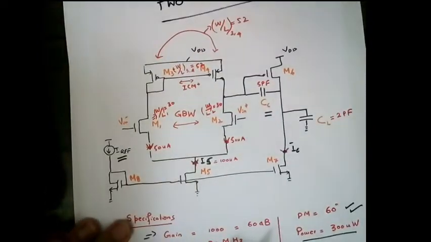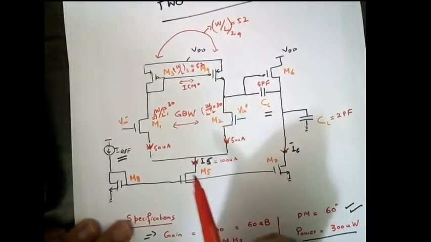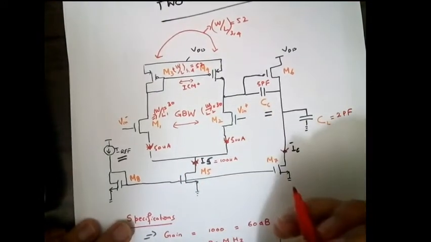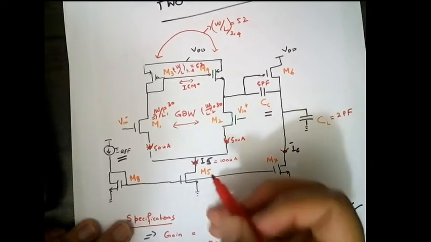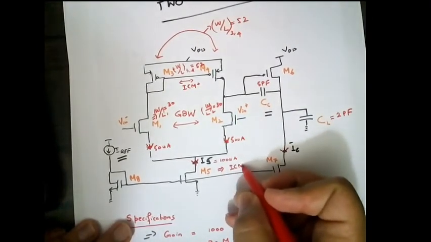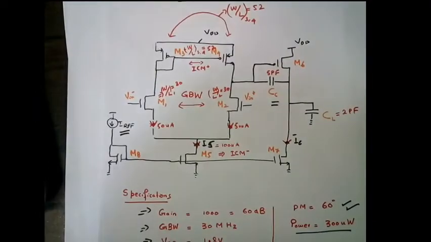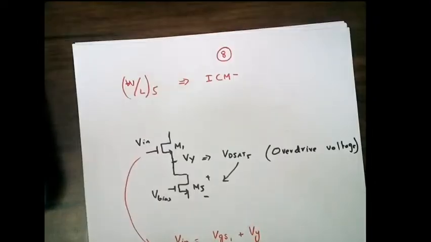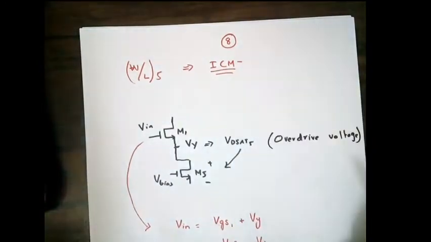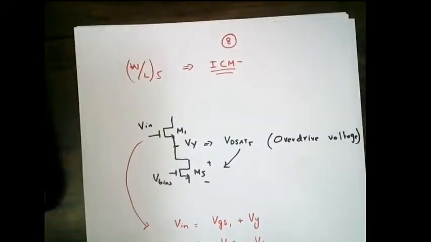Now we have found M1, M2, M3, M4, and the current is available. What is left is M5 in the first stage. M5 is going to be determined by ICM negative. We need to find the width and length of M5, so we will use ICM minus, meaning input common mode value negative.